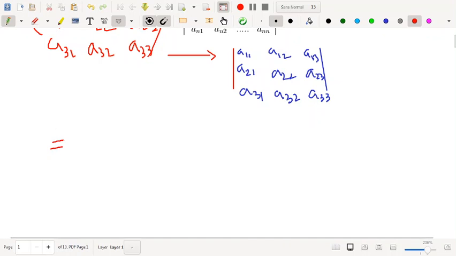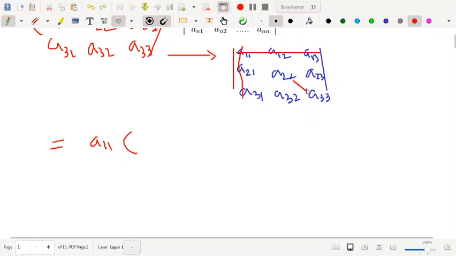So now how will you write this expression? What is the value of this determinant? We have to find out the value of this determinant. How? Suppose you are considering the first row and first column. Considering the first row and first column, you have the intersection element A11, and you have these elements A22, A23, A32, A33.